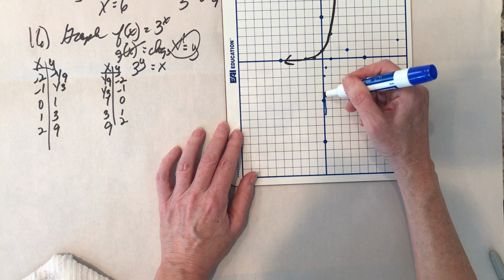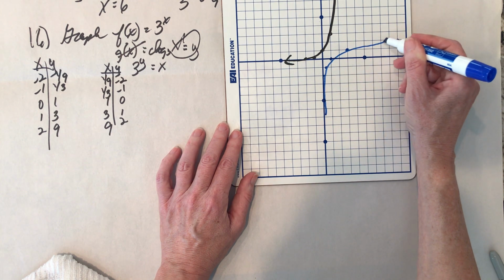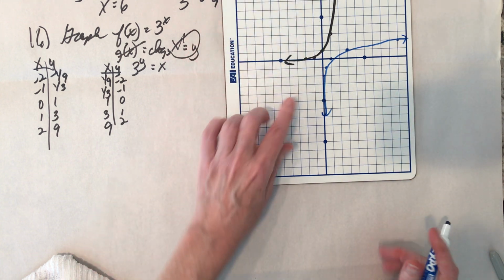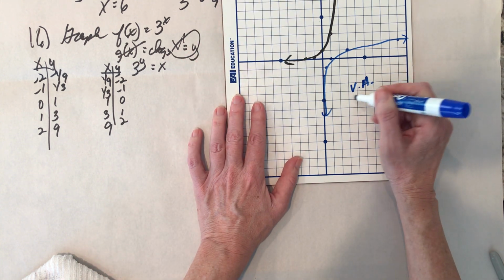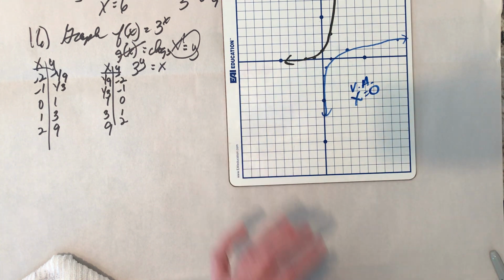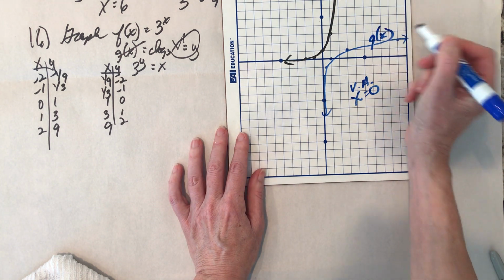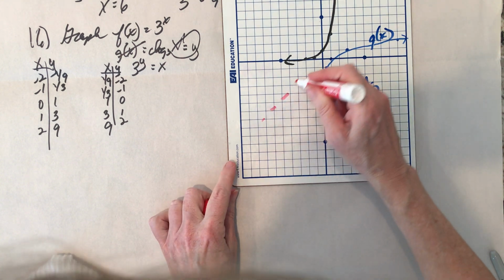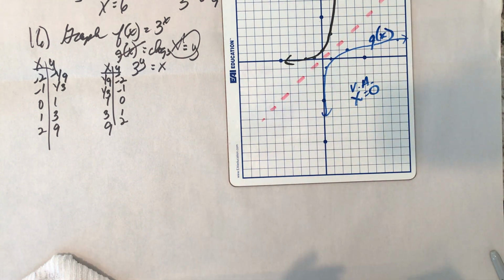So remember, this one's got a vertical asymptote of x equals 0. This is g of x. That's the logarithmic graph. Note that these two have that y equals x thing going on.